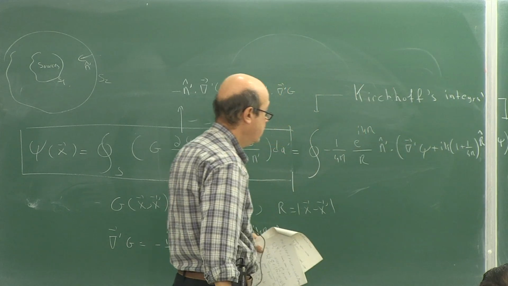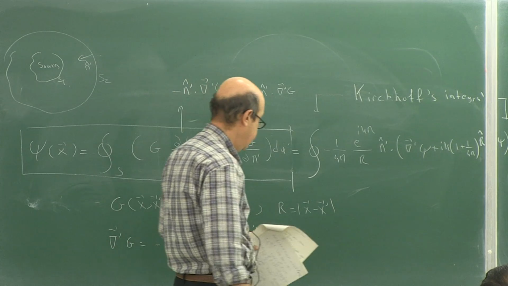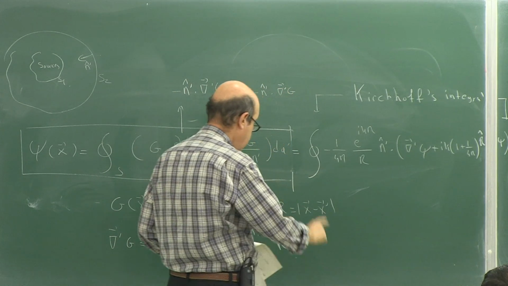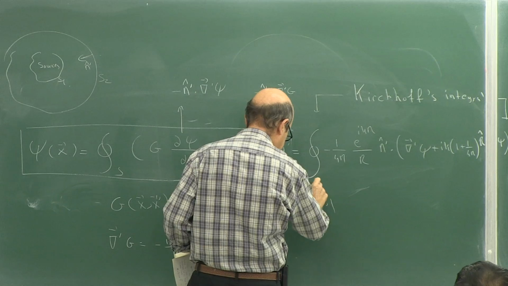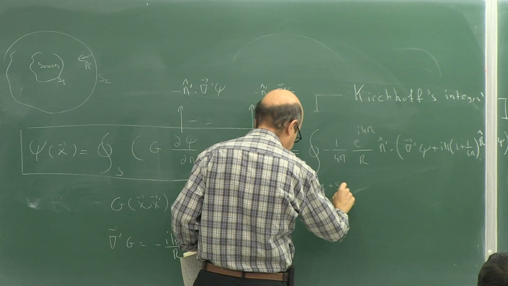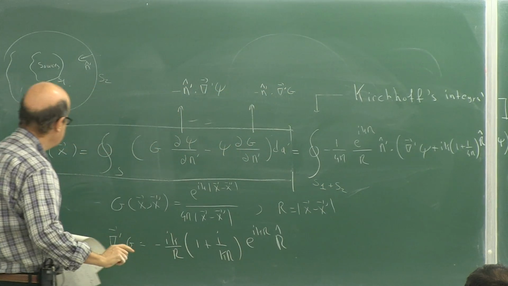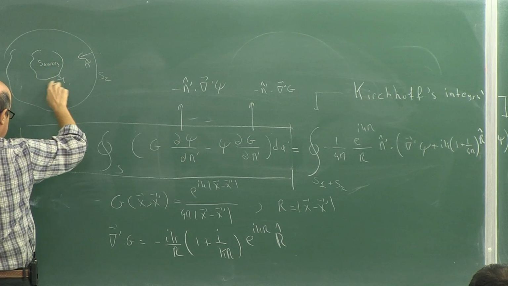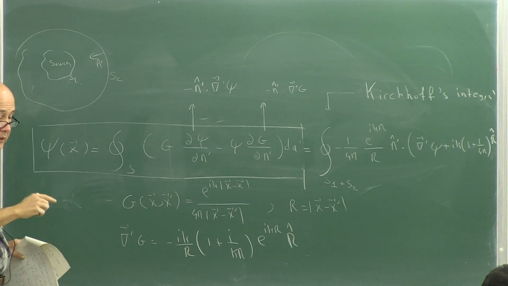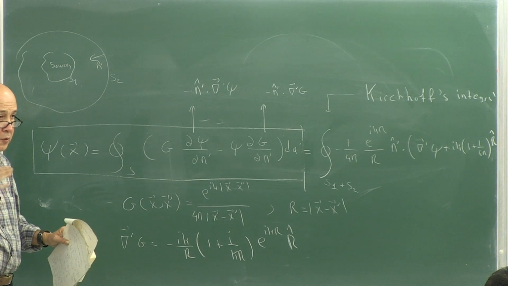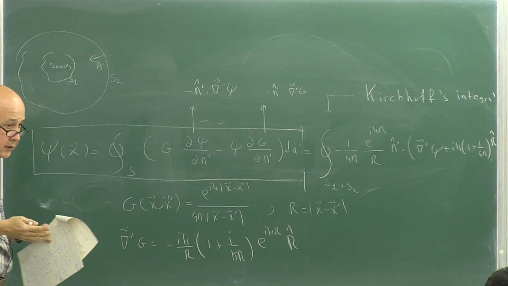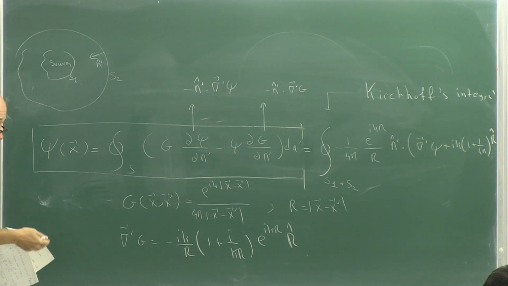We are not going to touch this, but what I am going to do is that this has to be integrated through the S1 plus S2 surfaces. This point is important. S1 is the inner surface, the place where we have apertures, opaque matter or whatever obstacles cause the diffraction.